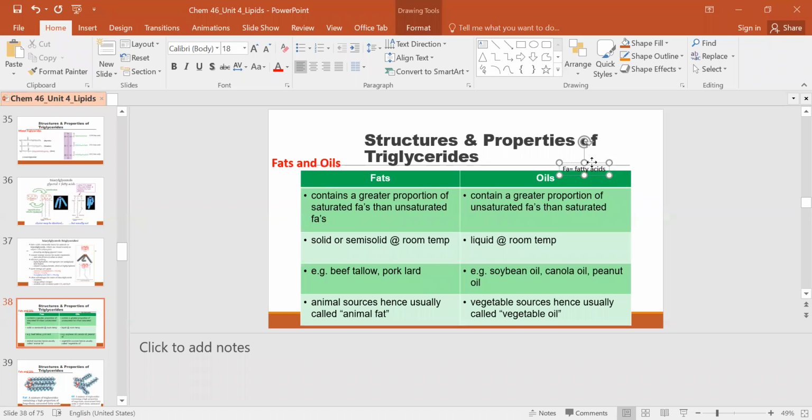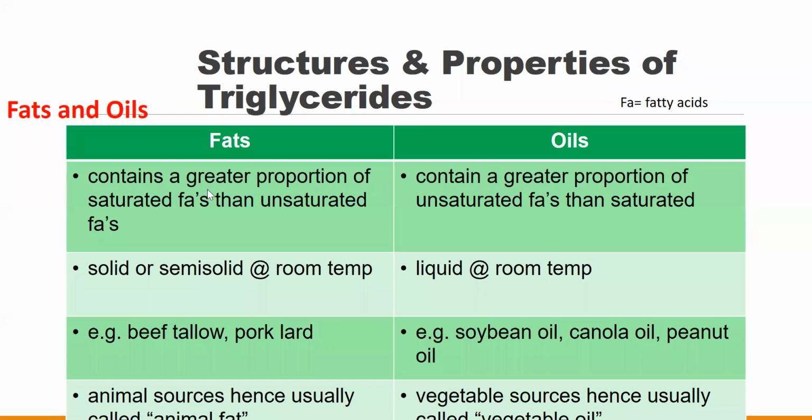What's the difference? You notice that fats are more of a solid or semi-solid at room temperature. Oils are more of a liquid at room temperature. That's how we define it in layman's terms, and it's true.